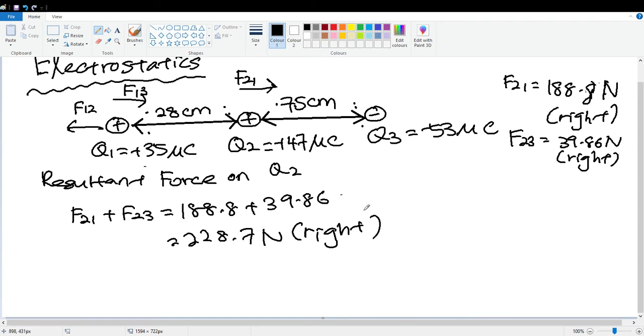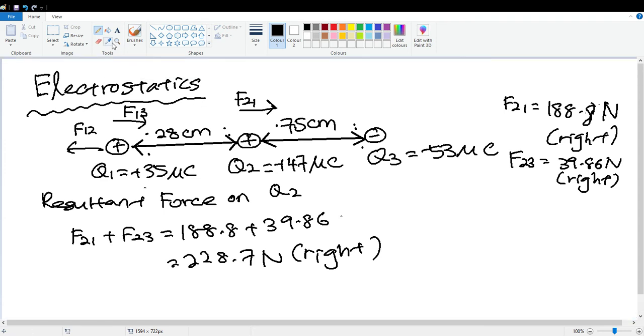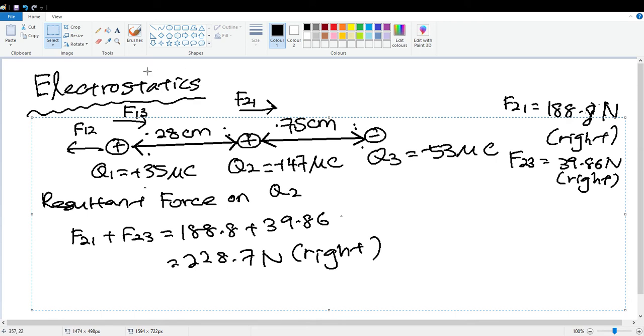Alright, so this is how we find the electrostatic force. And this is the forces which exist in one plane. So what about the electrostatic forces in both the horizontal plane and vertical plane?